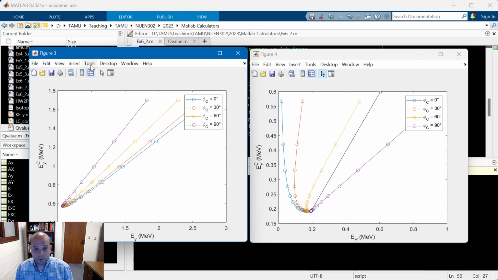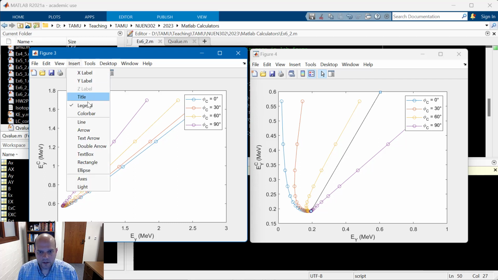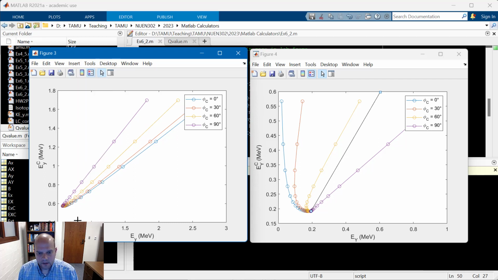behavior for my light particle, let's go ahead and draw another line here. Let's start at 0.5 and 0.5, and let's go up to 1.5 and 1.5, which is going to be right there. So you see in the light particle scenario that even up to 90 degrees, I'm not crossing that at all.